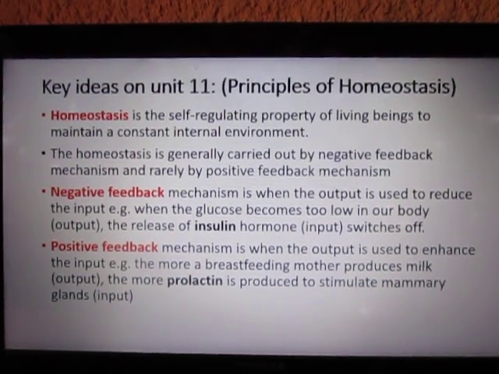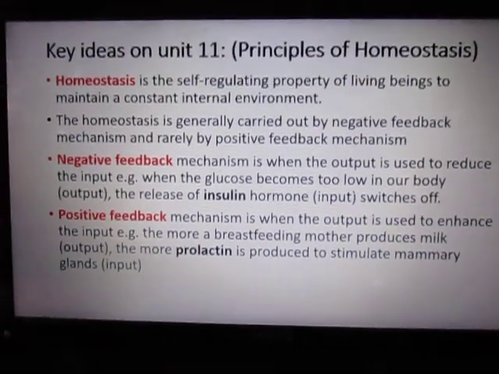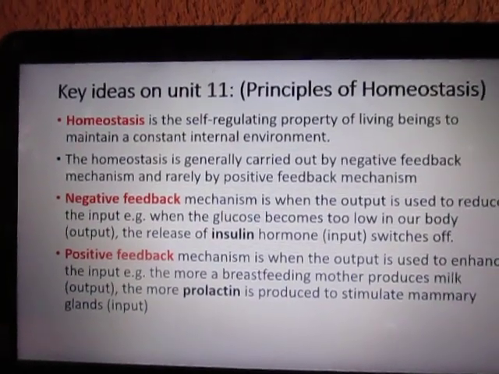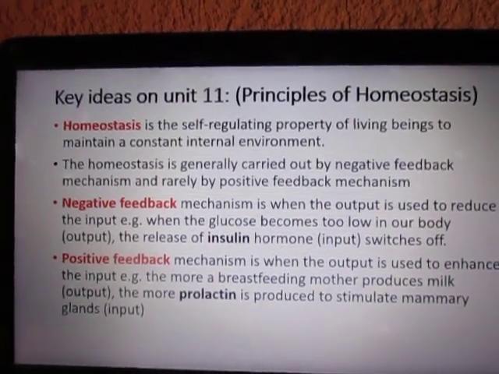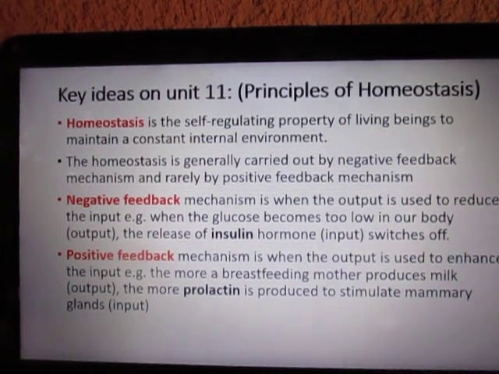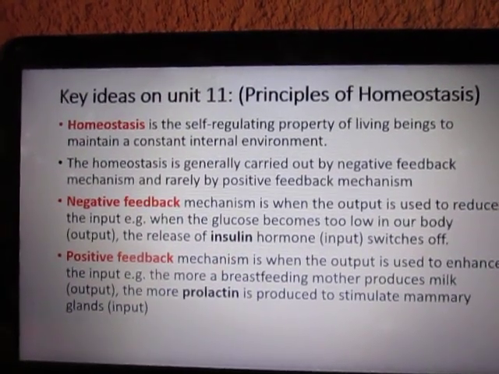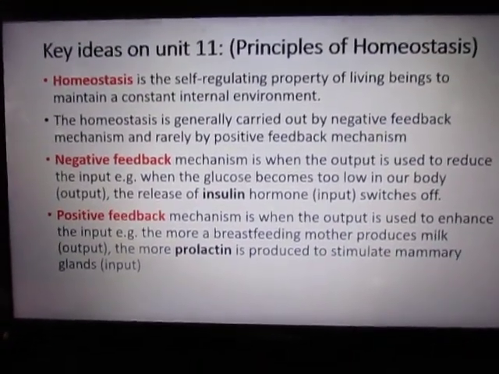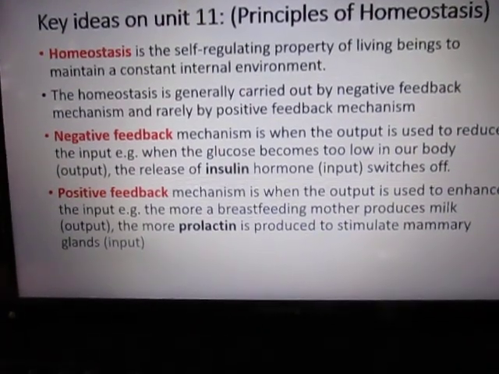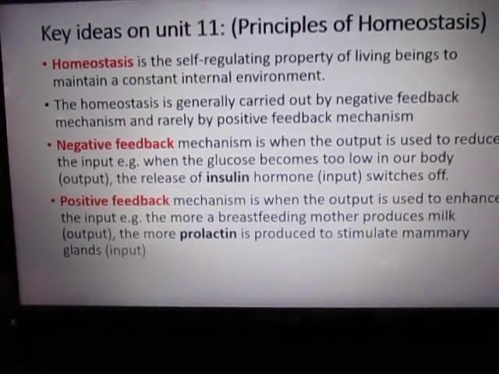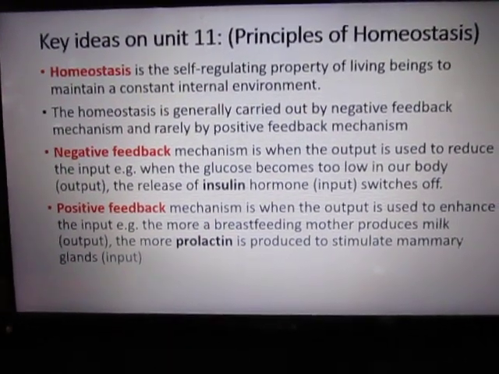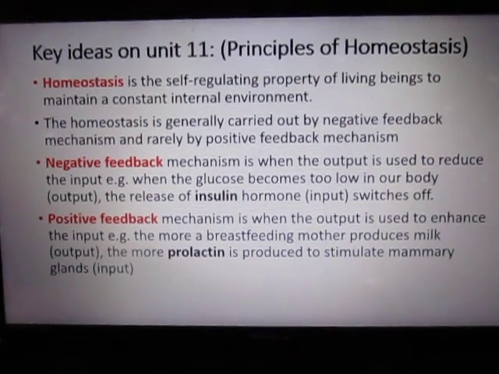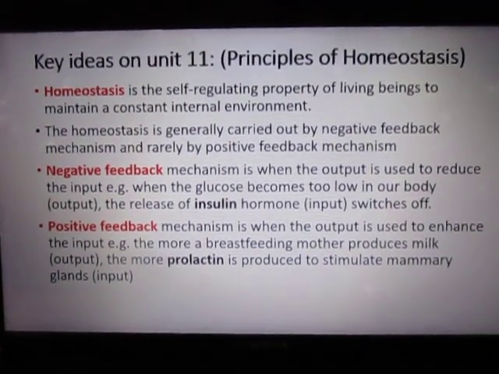By positive feedback, we can see it as a mechanism where the output is used to enhance the input. So the output promotes or enhances the input. For example, the more a breastfeeding mother produces milk, that is the output, the more prolactin hormone is produced to stimulate the mammary gland.